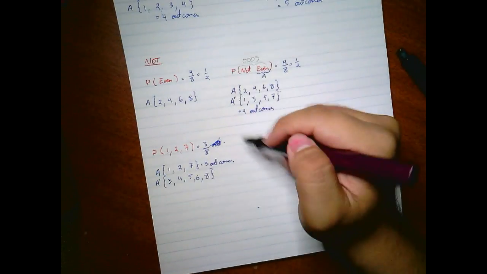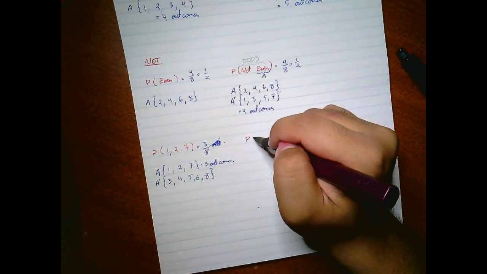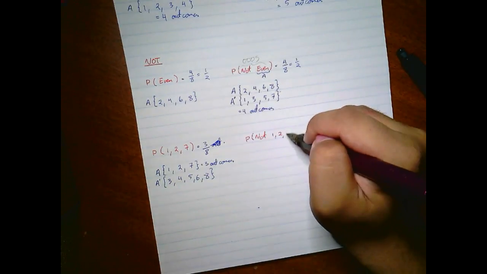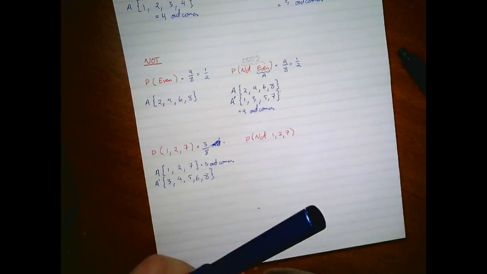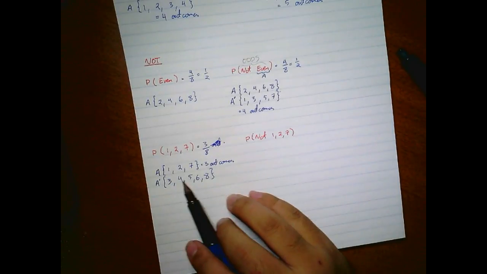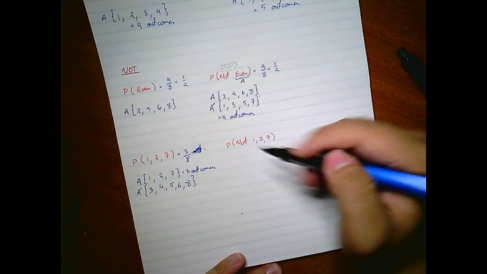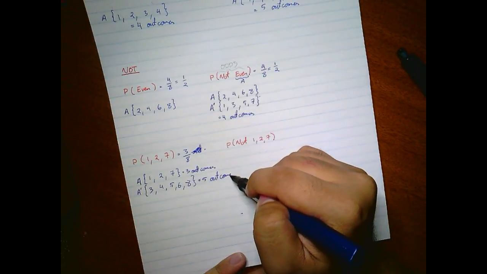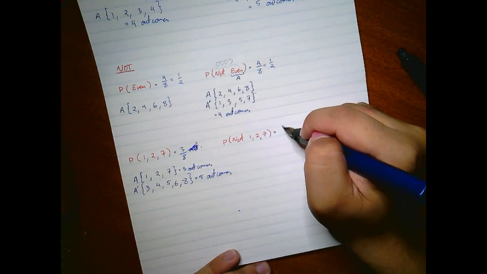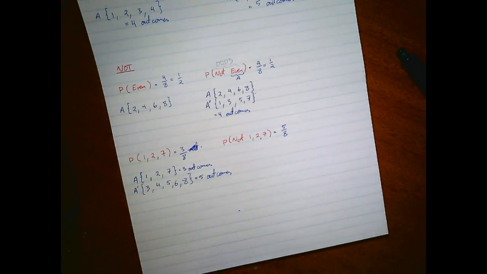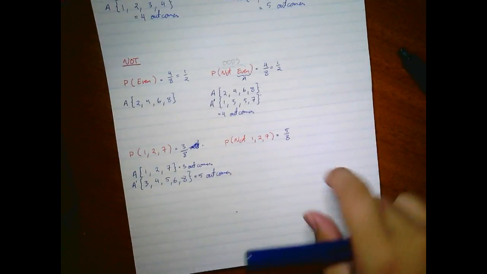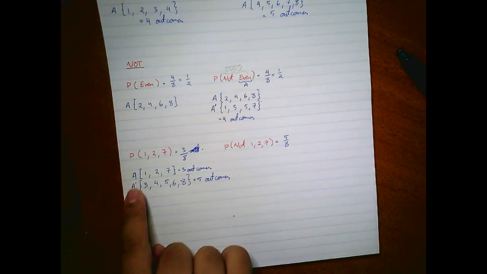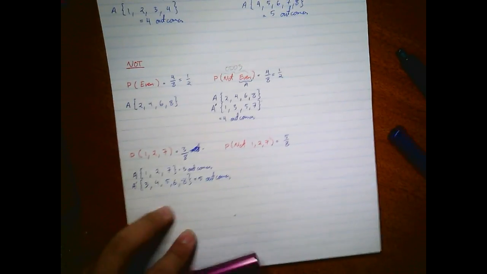But if we found the probability of not 1, 2, or 7, it would be 3, 4, 5, 6, and 8, which is 5 outcomes, which gives us 5 out of 8. I hope you see something interesting about the event and the not event.